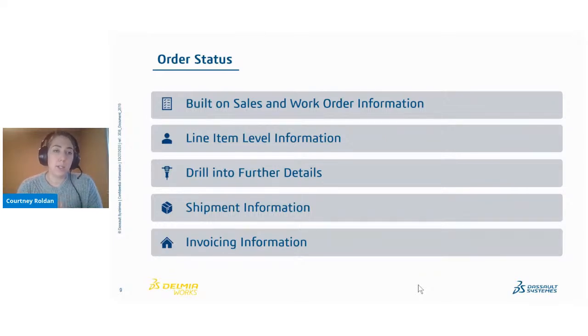This particular application is built off of the sales order and work order information in your system, and it allows you to start by looking up that sales order number or purchase order number that a customer may call in and give you, to quickly give them information about shipments that are associated to the line items on that order, as well as the work order information that is out there, so that you can quickly report to them what's the status on their order, how quickly is it coming to them as the end consumer. And lastly, you also have that invoicing information.